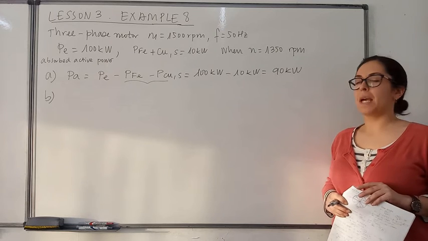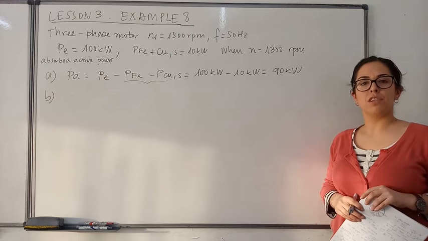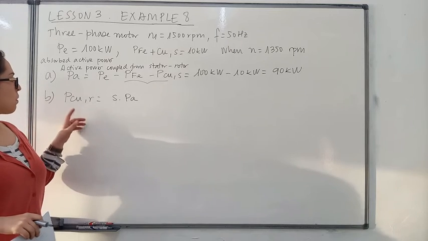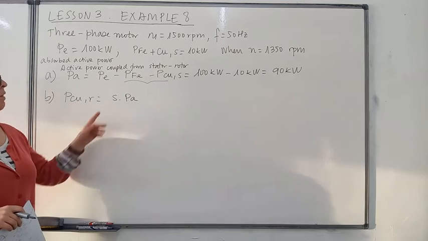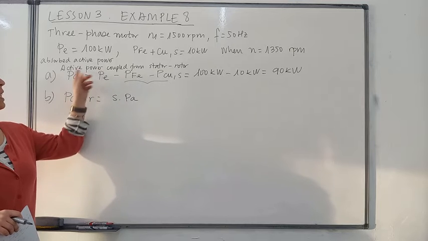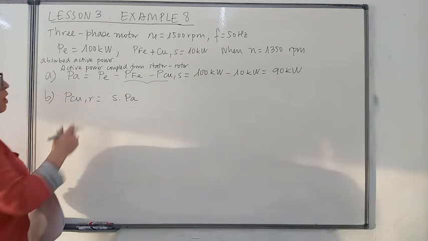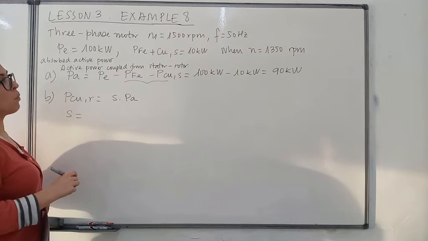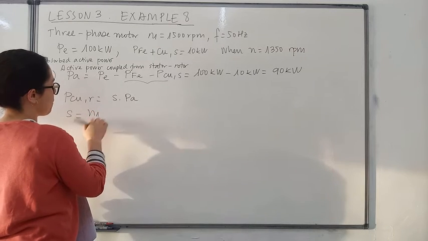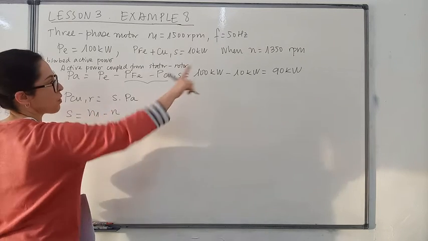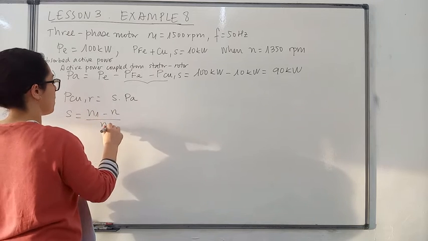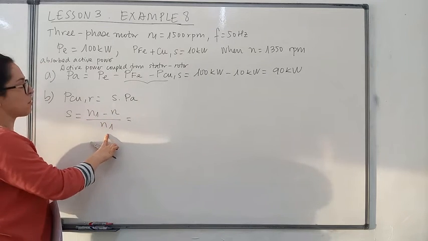In question B, they ask the Joule copper losses in the rotor. So, as you know, the copper losses in the rotor will be the sliding multiplied by the active power coupled from the stator to the rotor. So we need to calculate the sliding, for which we need to do the synchronous speed minus the effective speed that we are having, divided by the synchronous speed.